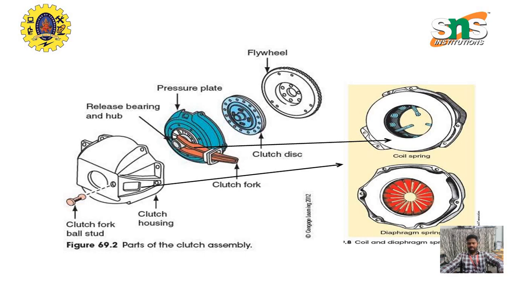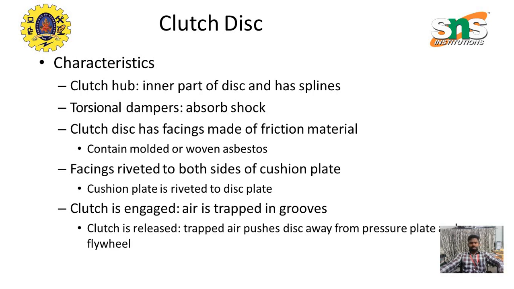Our next one is the diaphragm spring. This diaphragm spring is like a layer of cover. It can apply the pressure whenever the pressure is required, so that we can use either type of spring according to our requirement.